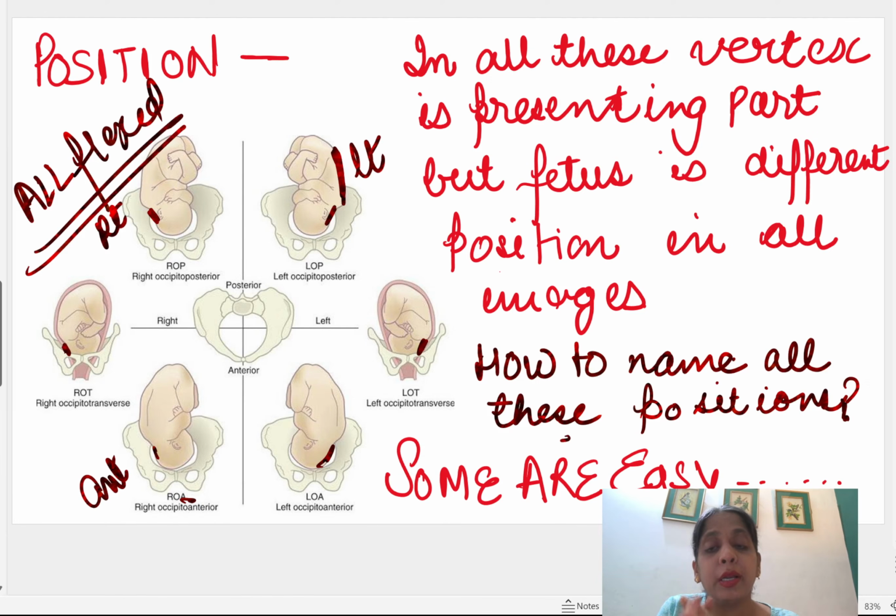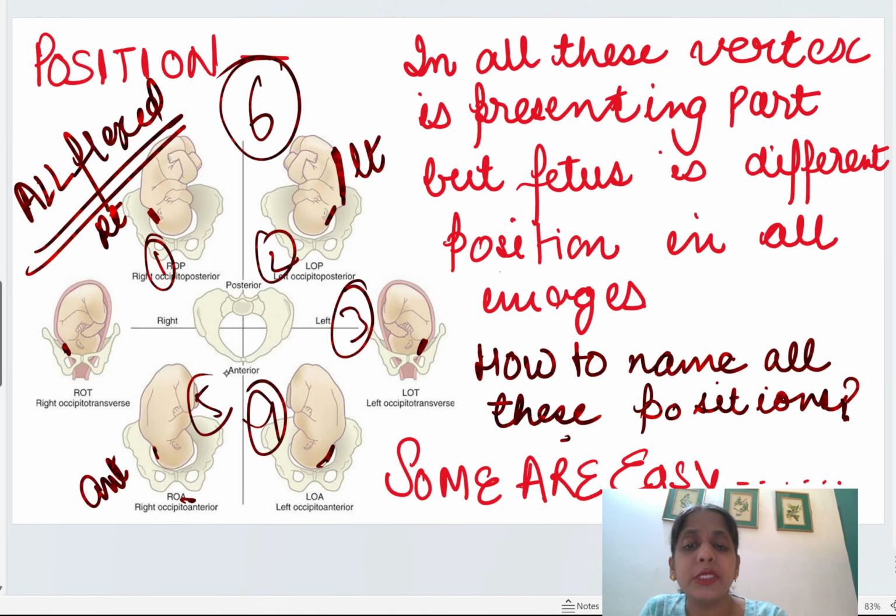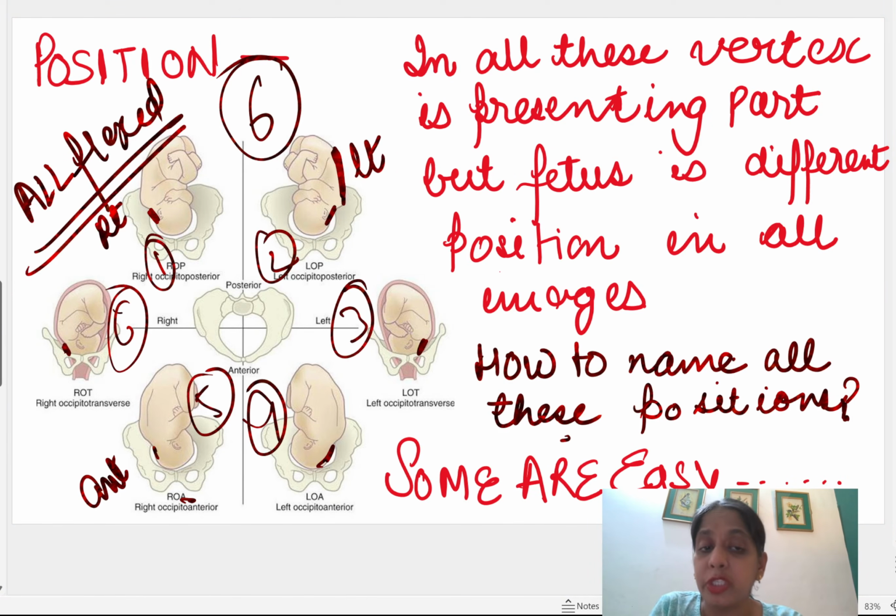Out of all these positions, you see that there are 6 positions of vertex. Out of all these 6 positions, there are some in which delivery is very easy, and some in which delivery is very difficult.